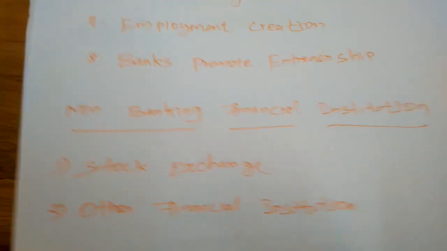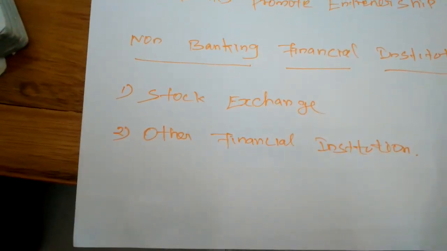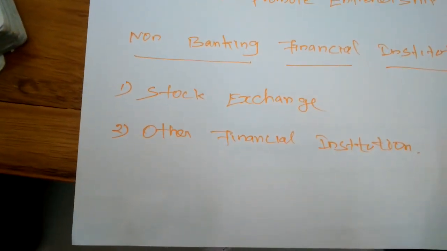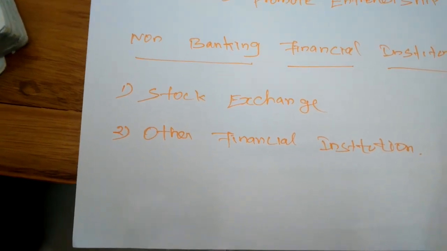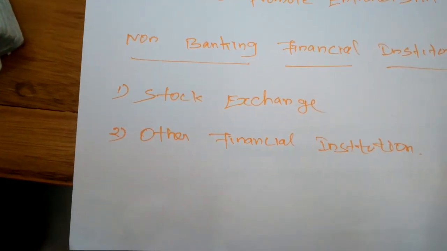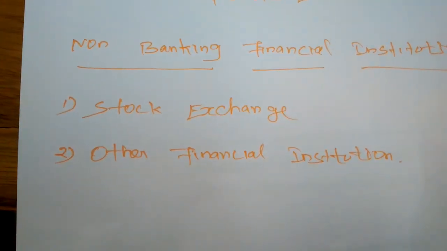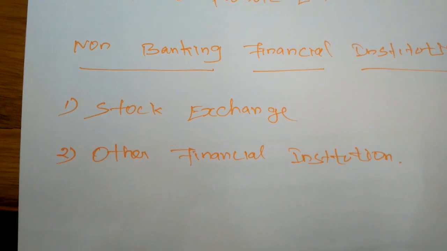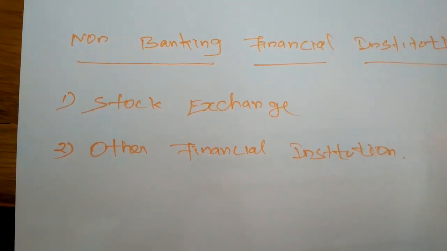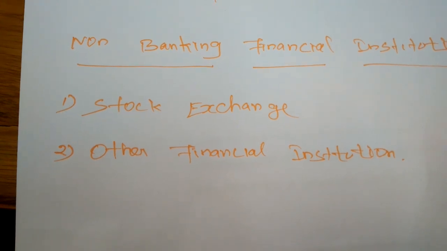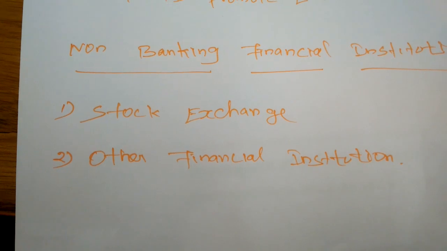Next, non-banking financial institutions. A non-banking financial institution is a financial institution that does not have a full banking license or is not supervised by the central bank. If any financial institution is not supervised by the central bank, it is considered a non-banking financial institution.